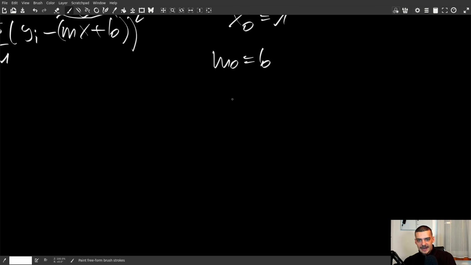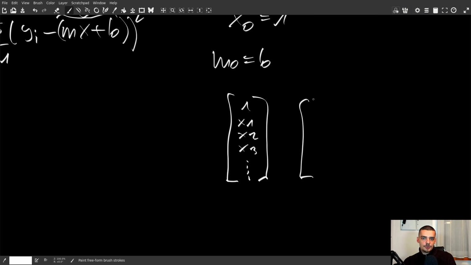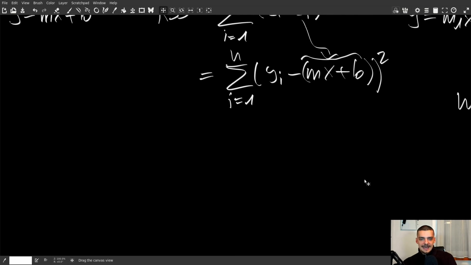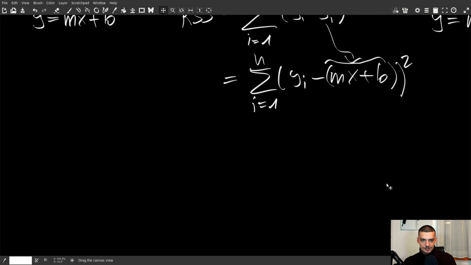So then we have one vector which contains 1, x1, x2, x3, and so on. And then we have another vector which contains b, the intercept, and then m1, m2, all the slopes for their respective dimensions.